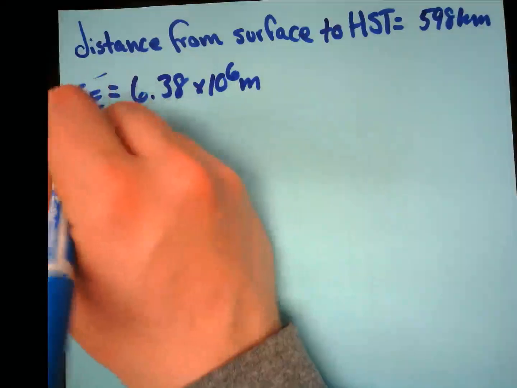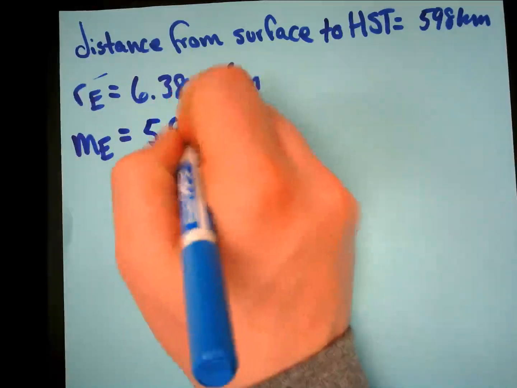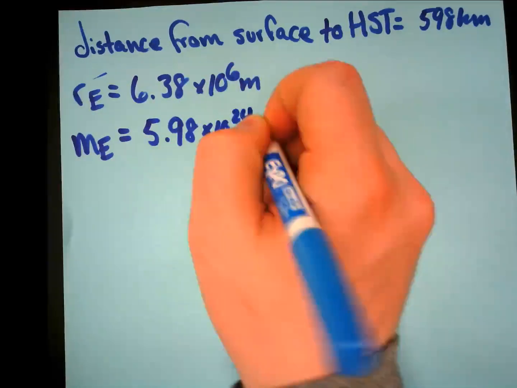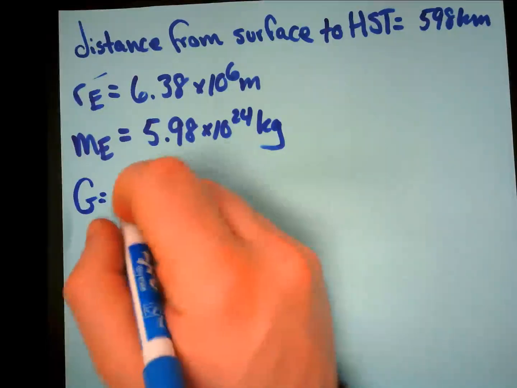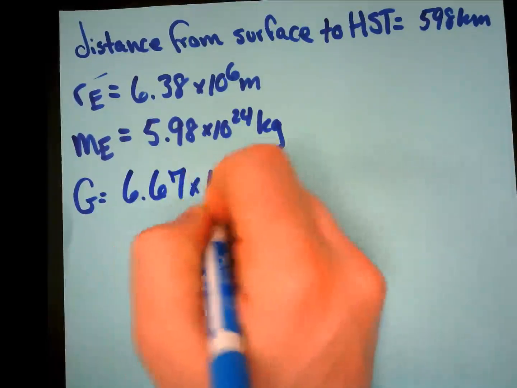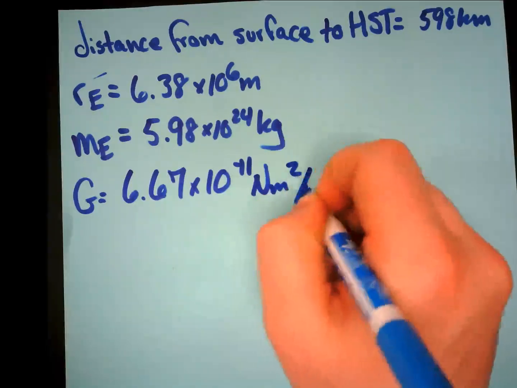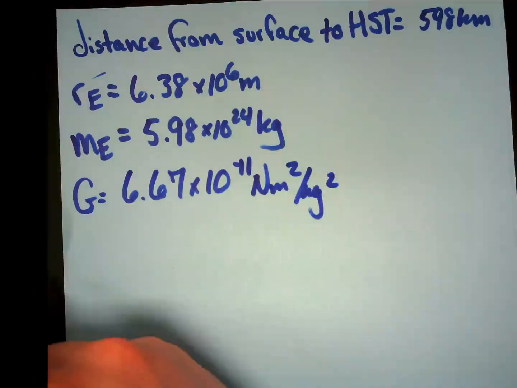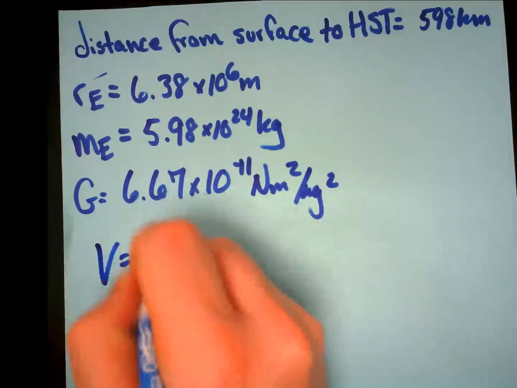We're also given the mass of the Earth, 5.98 times 10 to the 24th kilograms. And we are also given big G, which is 6.67 times 10 to the negative 11th Newton meters squared divided by kilograms squared. Okay. And what we've got to figure out is V.